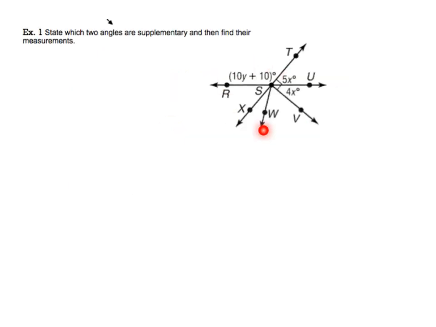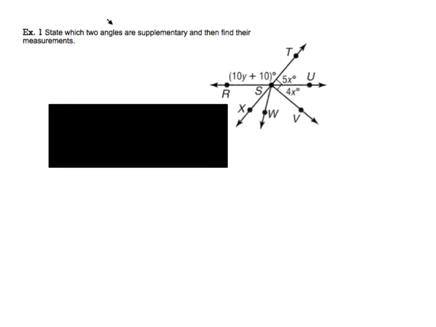So this looks like the previous problem, but the question's different. State which two angles are supplementary and then find their measurements. Now, pay attention. They say two angles, because technically there is a bottom section and a top section.